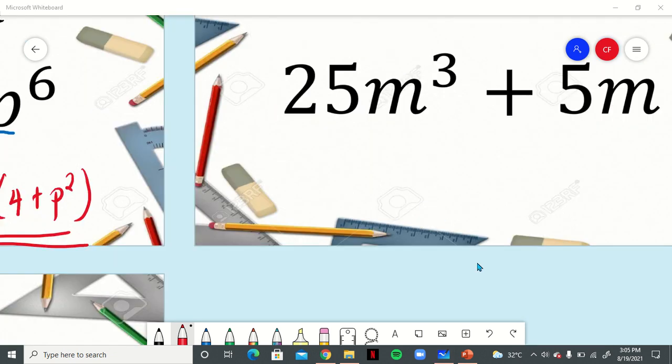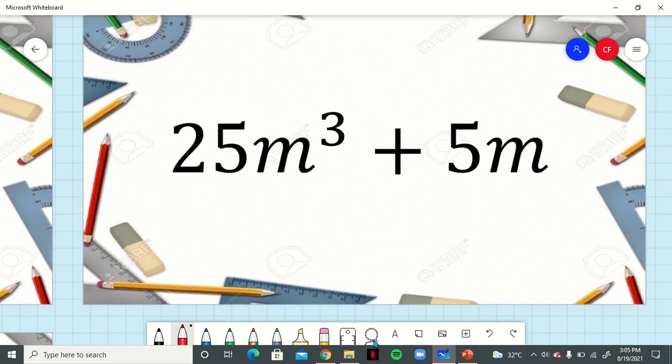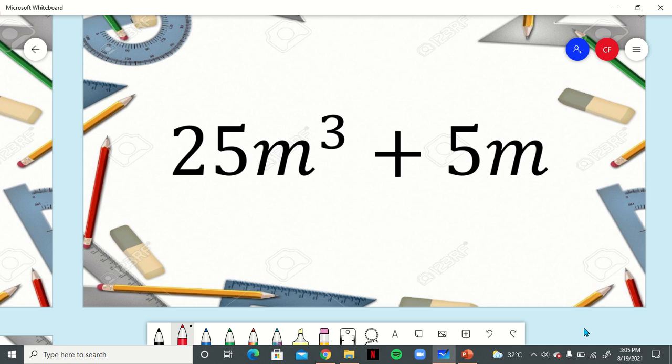Okay, next problem. 25m cubed plus 5m. Okay, same procedure. Find the GCF between 25 and 5. So, syempre 5. The GCF between m cubed and m. So, syempre m. Okay? Then proceed to division.